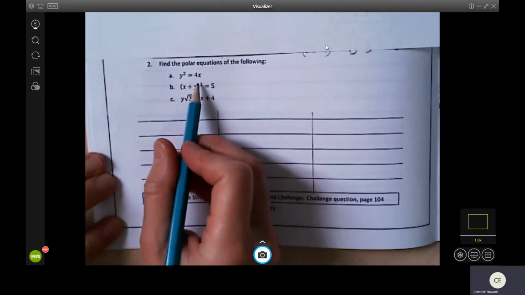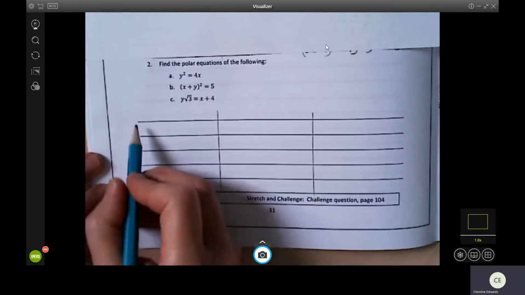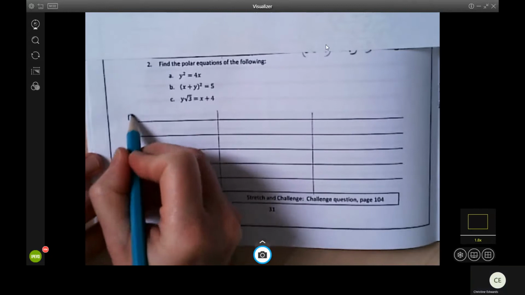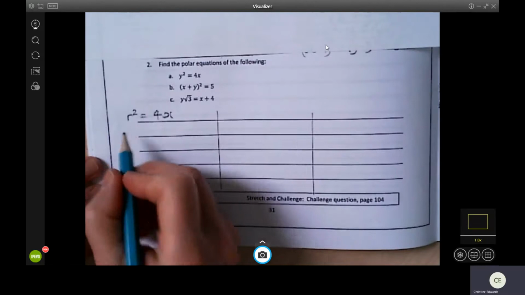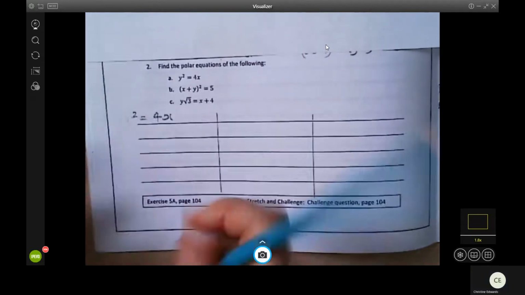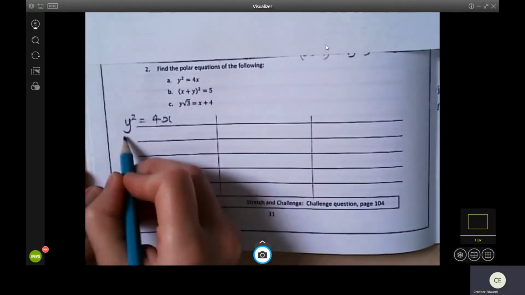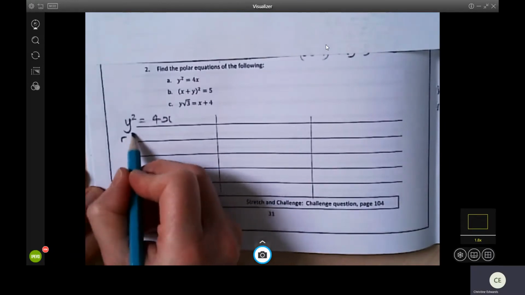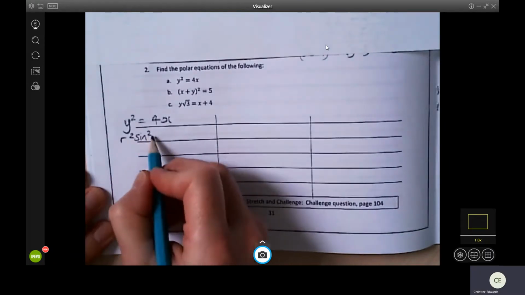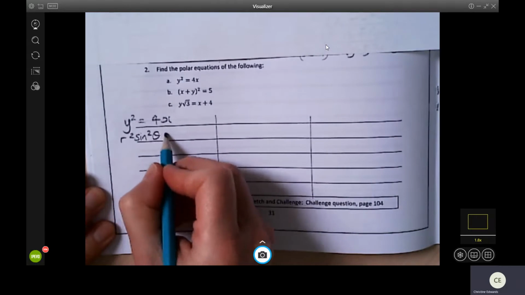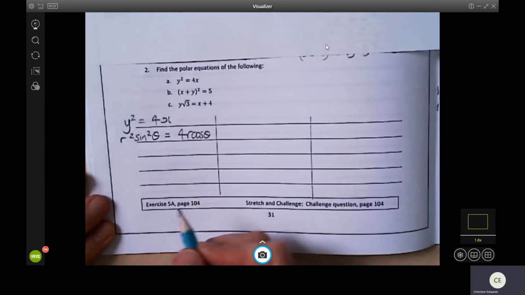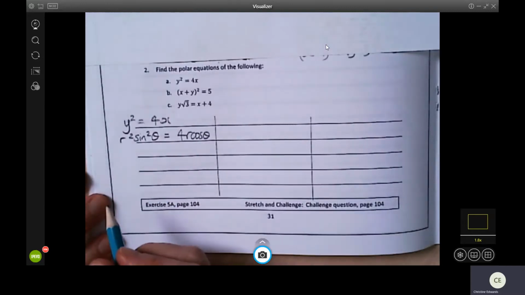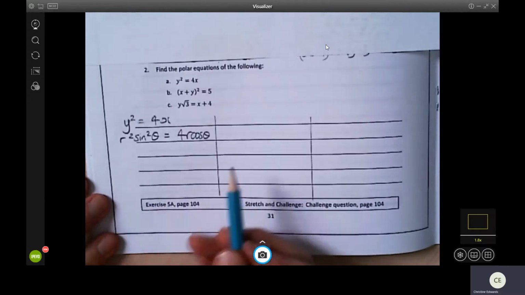So y squared equals 4x. I'm replacing with my xy equations. So I have r squared sine squared theta equals 4r cos theta. I am aiming to generate an equation that has r equals, so that it's in polar form.